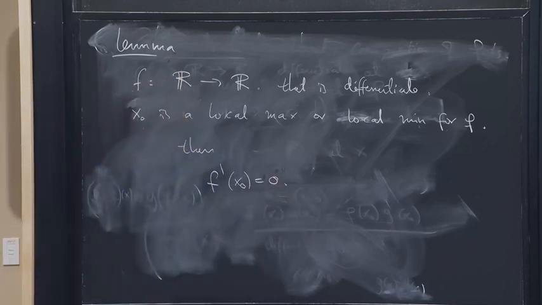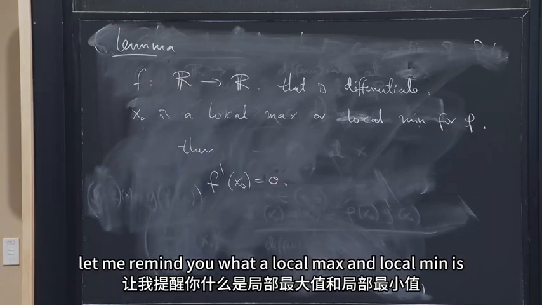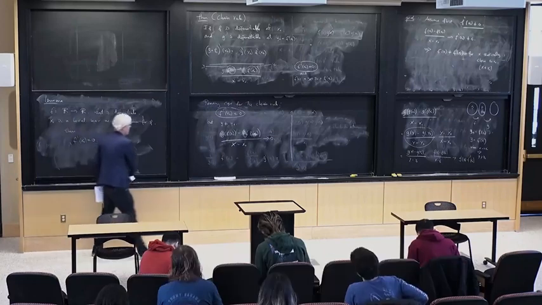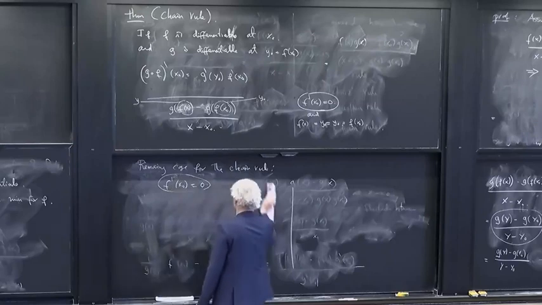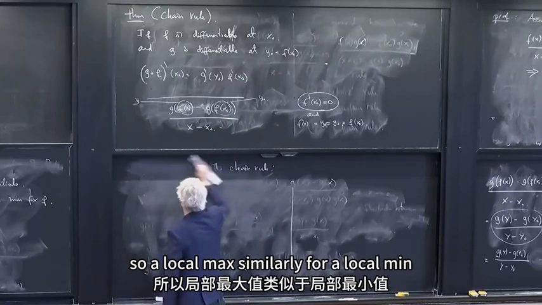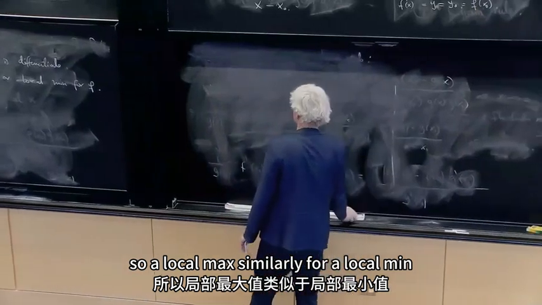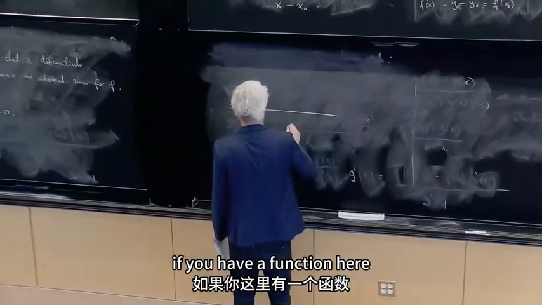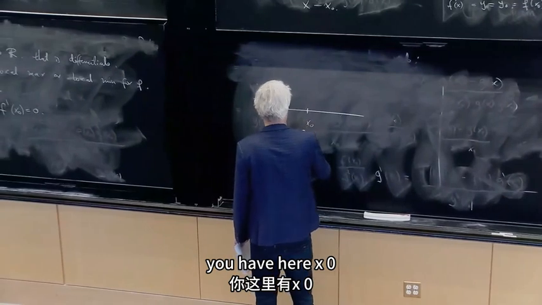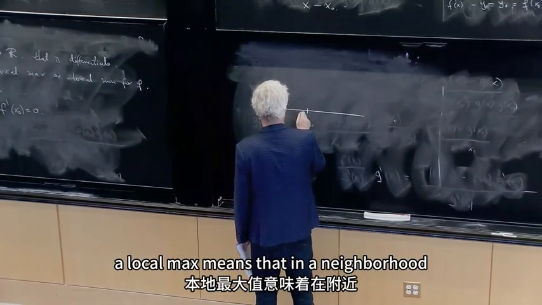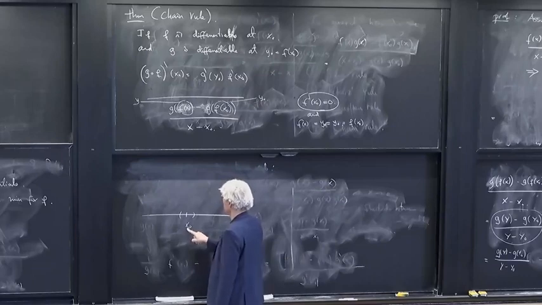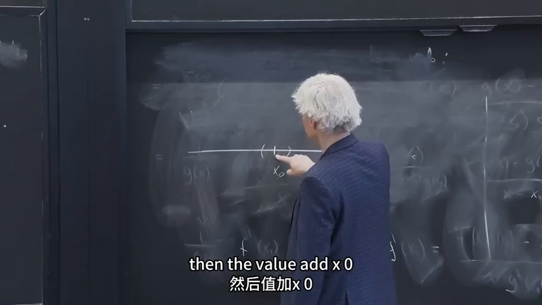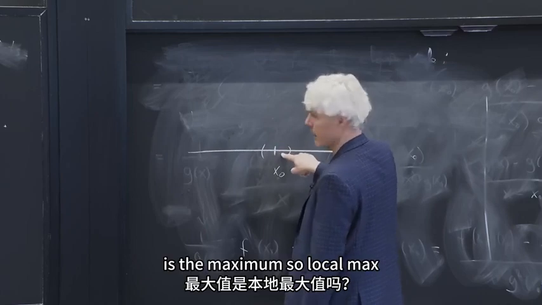Okay. Let me remind you what a local max and local min is. So if you take a function, a local max, similarly for a local min, if you have a function here, you have here x0, a local max means that in a neighborhood of this point, the value at x0 is the maximum.